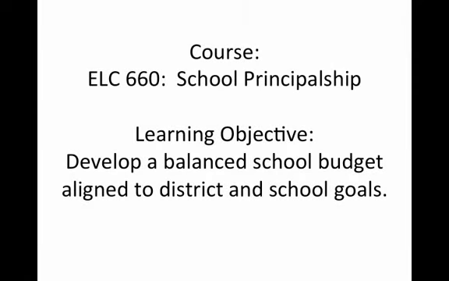Let's look at a non-example and example from a graduate course in educational leadership, ELC 660, School Principalship. One of the learning objectives of this course is to develop a balanced school budget aligned to district and school goals. Let's start with a non-example.